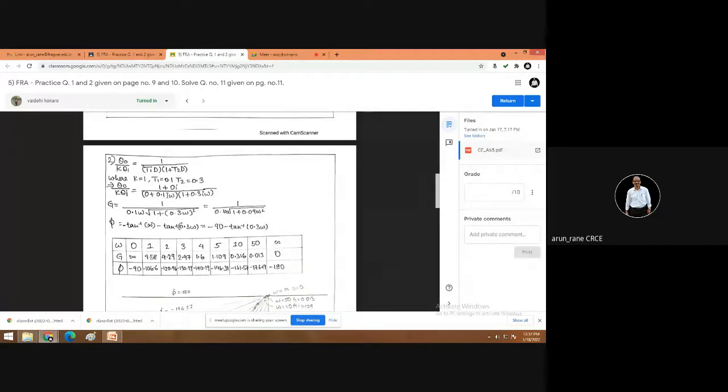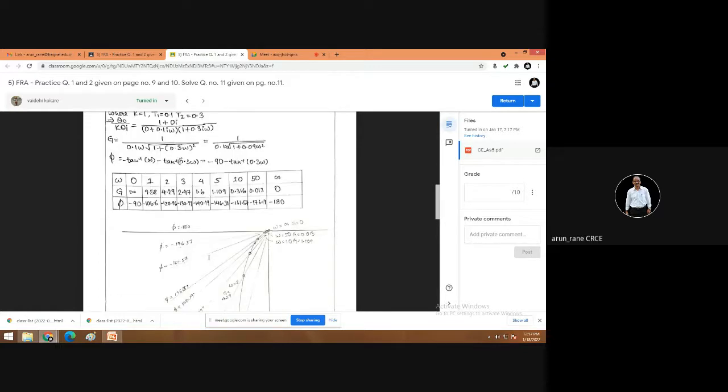This will be tan inverse of 0.1 omega divided by 0, and anything divided by 0 is infinity, so tan inverse of infinity. And here the imaginary part is 0.3 omega, so 0.3 omega divided by 1, tan inverse of 0.3 omega. Now tan inverse of infinity is 90. Tan inverse of 0.3 omega you cannot simplify further, so you write tan inverse of 0.3 omega.